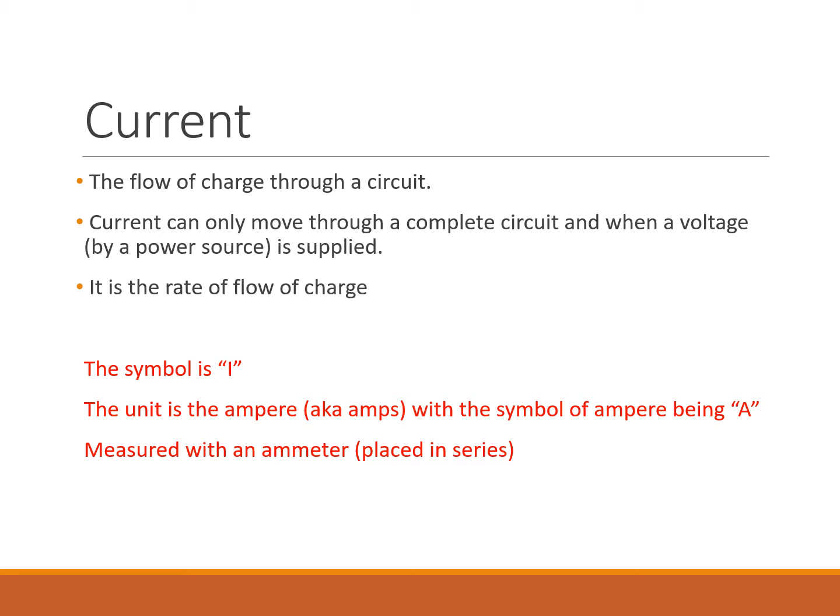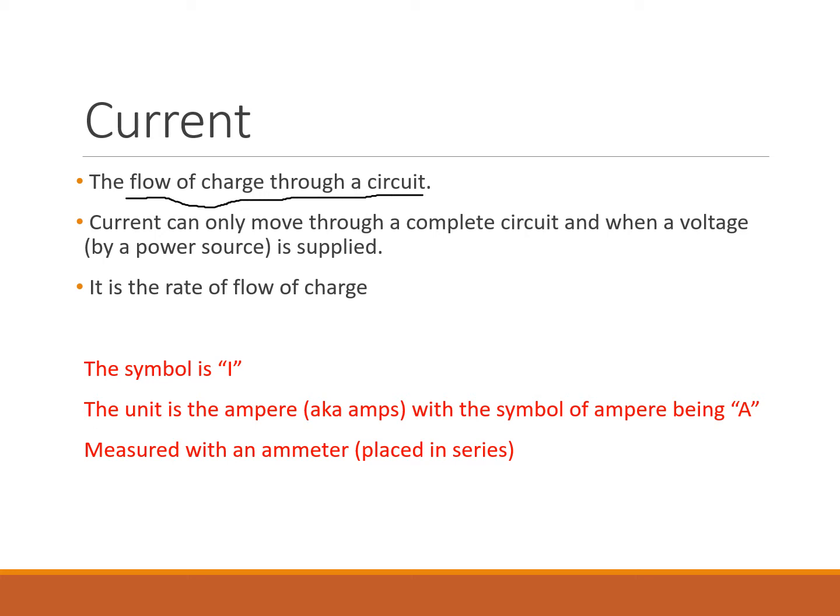So here is our next important terminology, current. You should probably already know what a current is. If you've ever been to a river and said, oh wow, it's moving very quickly, or it's going pretty slowly today, then you know what a current is. The current is the flow of a charge through a circuit.